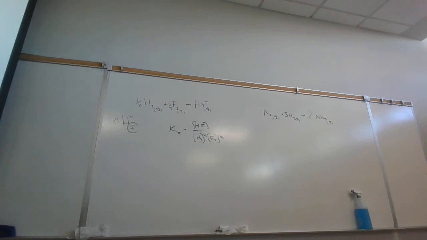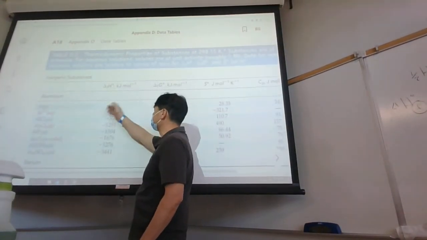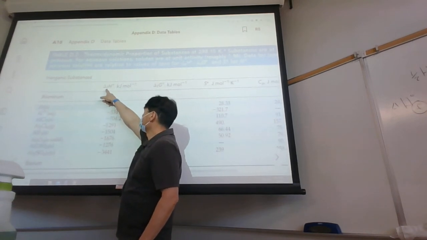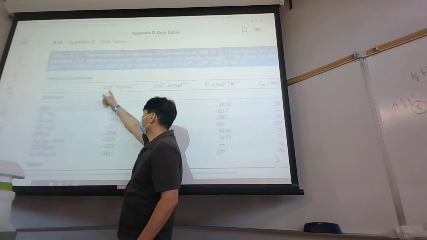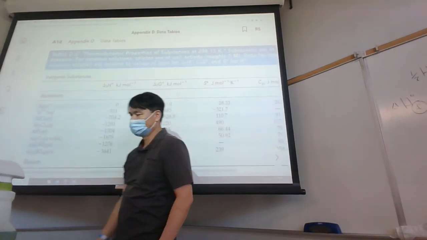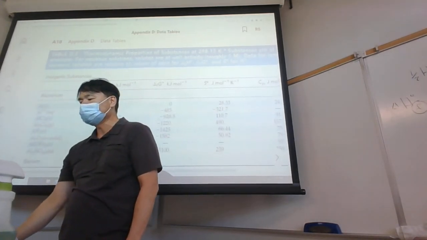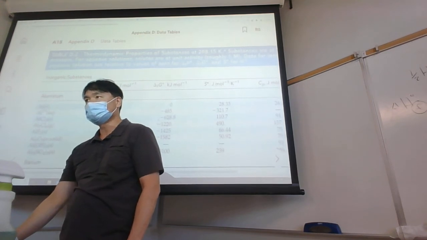So if we look at most of the delta H's of formation, you see. One of the things I look for when I look at a table like this, with delta H's of formation, actually, Petrucci likes to put the F after the delta. I like to put it after the H, but it doesn't matter. You notice some are 0 delta H of formation. Do you know why?